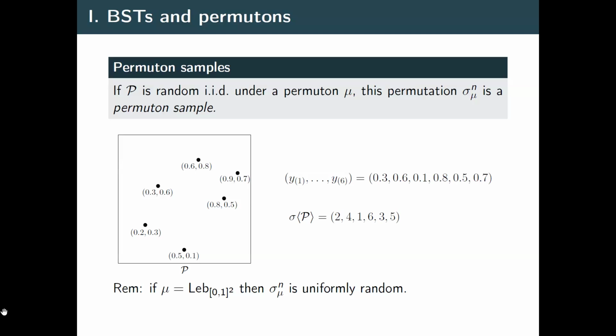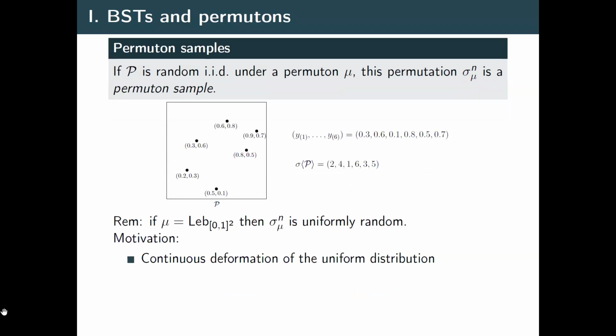For instance, if the permuton is the Lebesgue measure, it's quite easy to prove that this random permutation is uniformly random. And that's a first interesting feature of this model, that it's a continuous deformation of the uniform distribution on permutations.